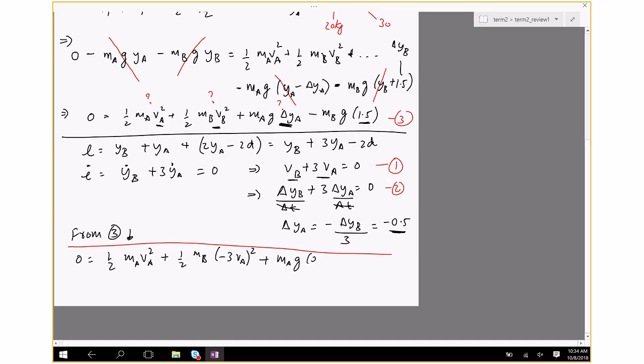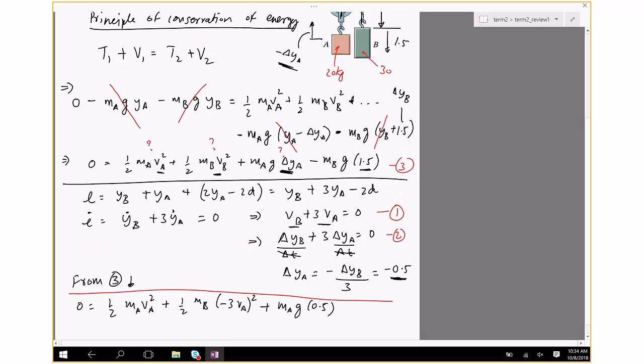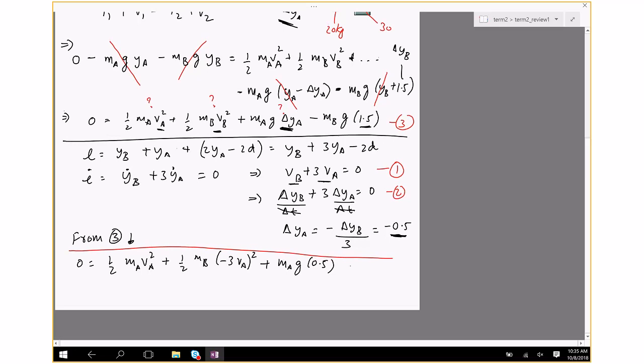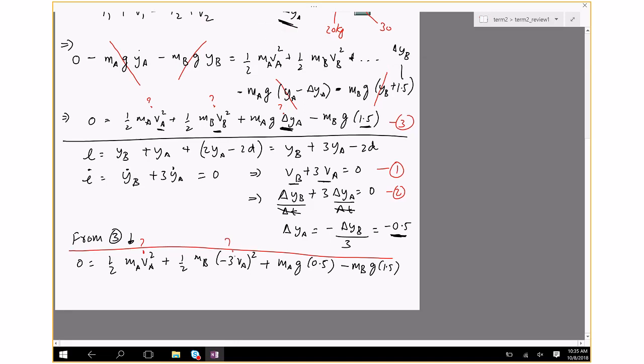As I said, it should be 0.5 and not negative 0.5 because I already started off assuming that y is upward. If I had not made any assumptions earlier on, then I should have put minus 0.5. Minus MBG 1.5. And so in this equation now, I have only a single unknown, VA.